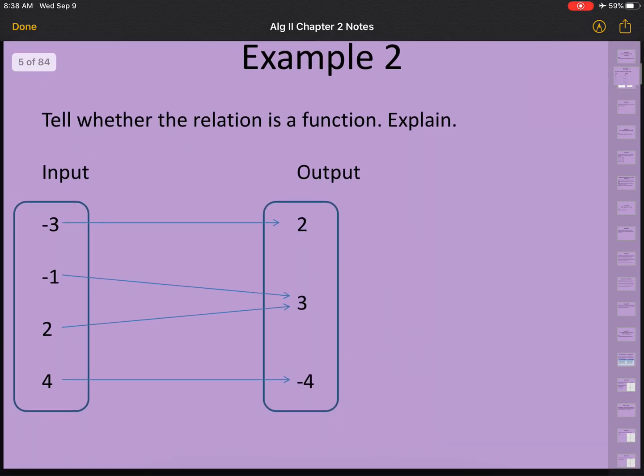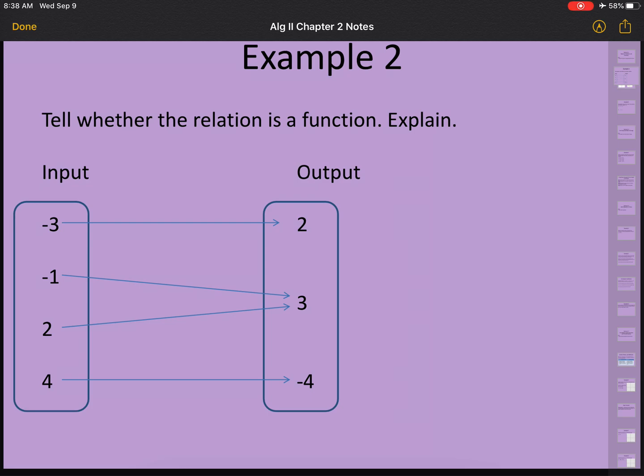In example 2, it says, tell whether the relation is a function, and then explain if it is or isn't. So we said back in our vocab that a function is only a relation for which each input has exactly one output. So using our map, we're going to go through our inputs and see if there's exactly one output for each input.